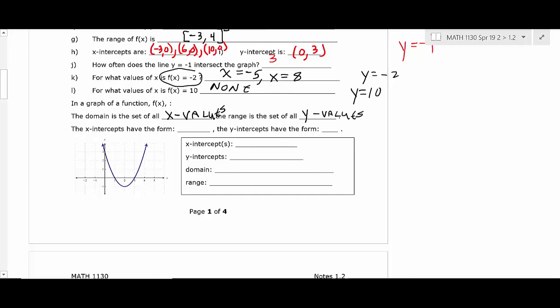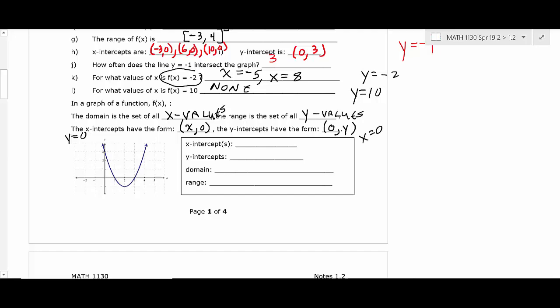Now if you have an x-intercept, it goes like this. You have an x value and y is 0. So anytime you have an x-intercept, it's on the x-axis and that's why y is 0. If you have a y-intercept, it goes like this. x is 0 and then you have some y value. Okay, so in a y-intercept you have x equals 0.